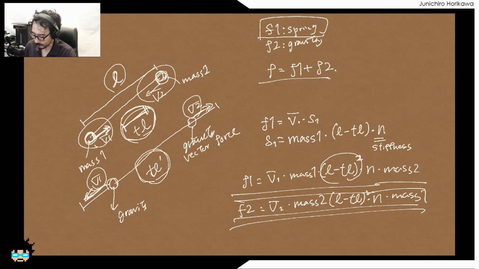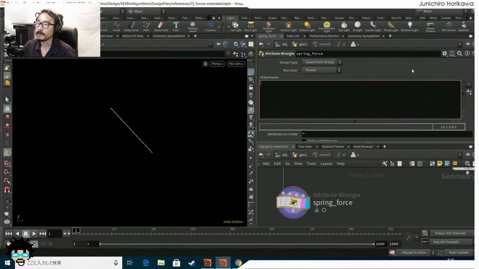If it's a power, then if it's the square of its difference, we might have to know whether the difference between the target length and the current length is negative or positive in other equations. Then multiply by the stiffness, and if there are other balls, you could multiply with the second mass as well. In this case, we don't have any second mass, so it's going to be a bit simpler.